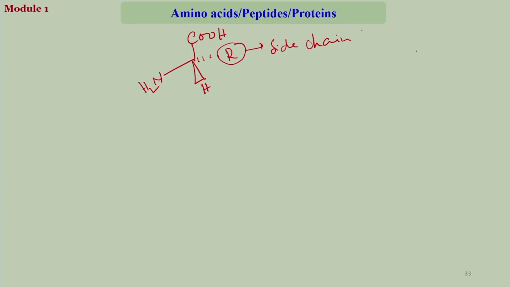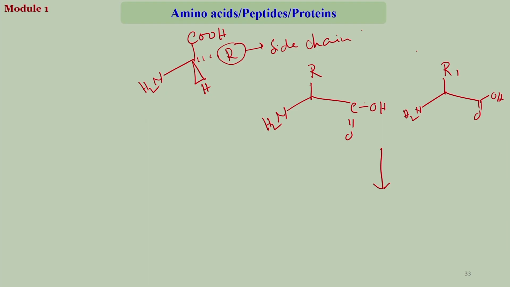So, when you have two amino acids, I am just writing flat, R, NH2, R1, NH2, COOH, and you fuse them together, condense basically, remove a water molecule, then you get a different bond, an amide bond.